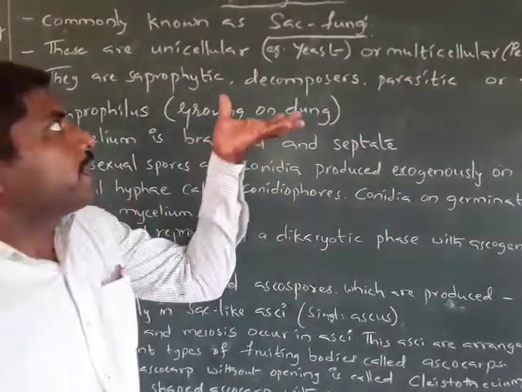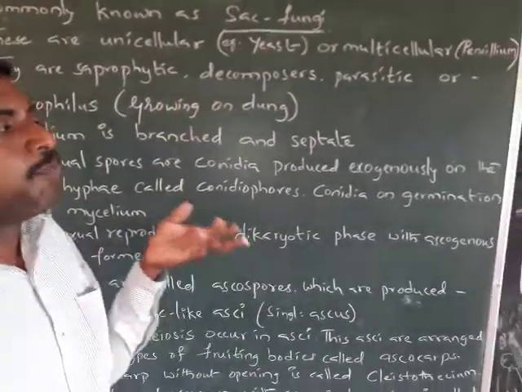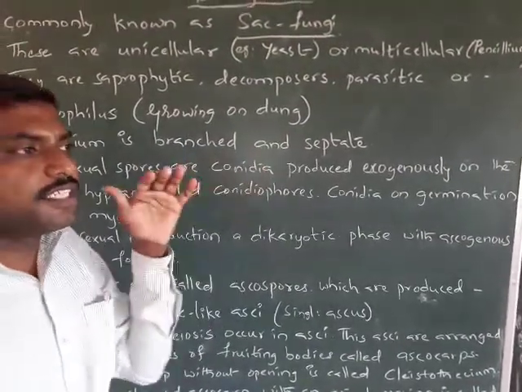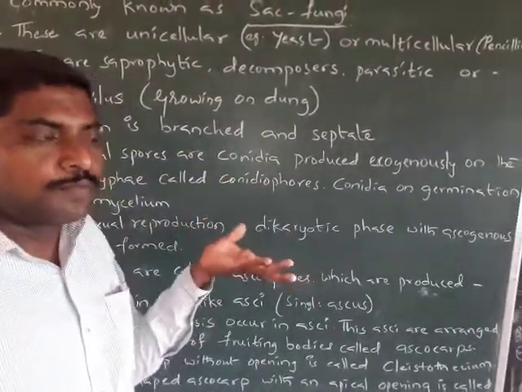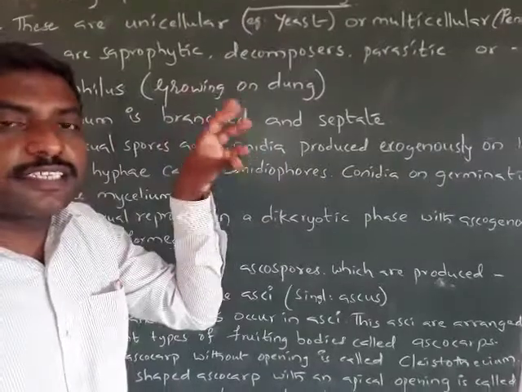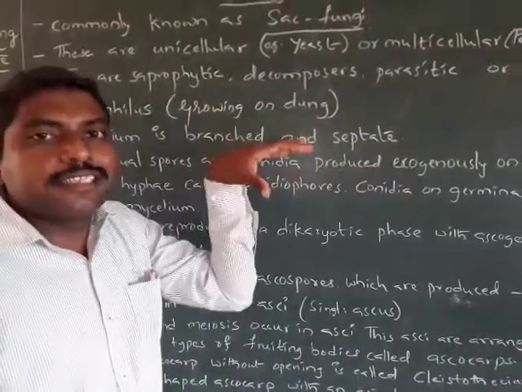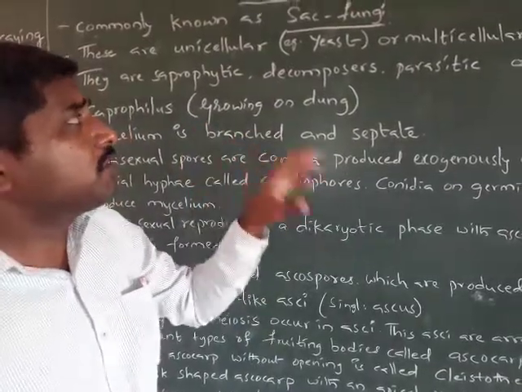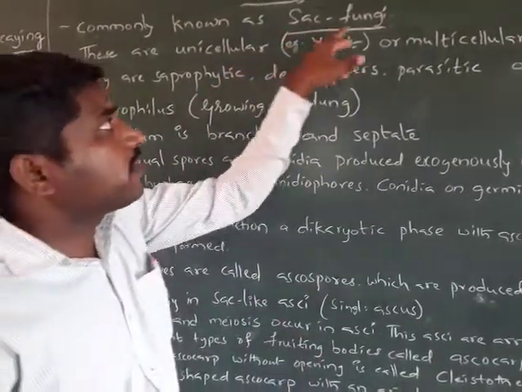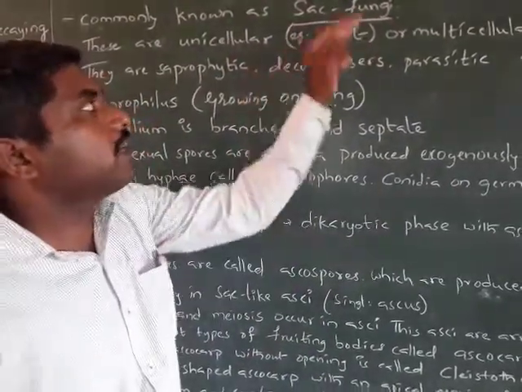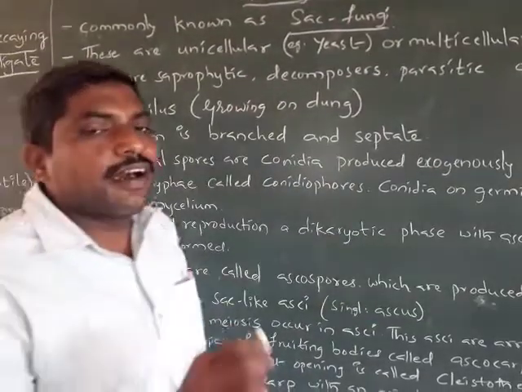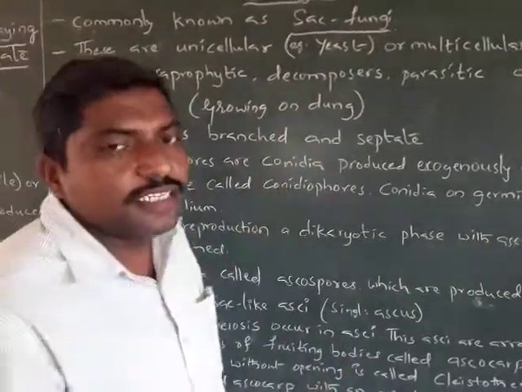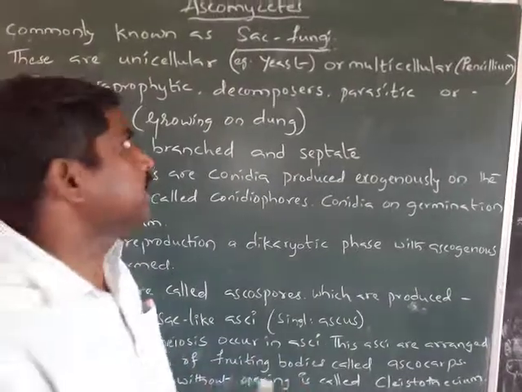In these sac-like structures they have the ascospores. The sac-like structure is called ascus, and that ascus has ascospores. That's why we are calling them sac fungi.